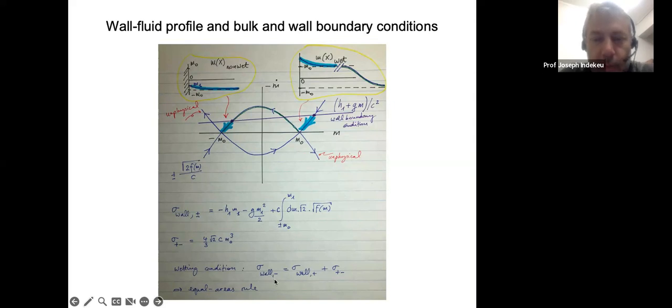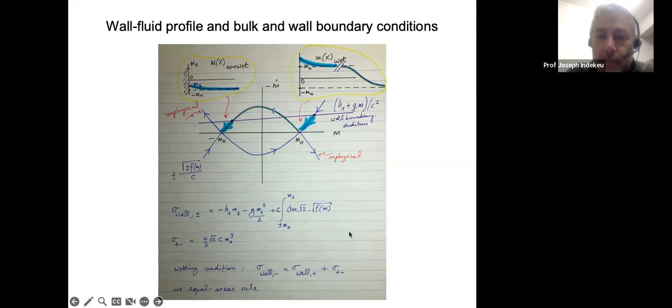So the wetting condition is that the Young-Laplace equation is satisfied with a zero contact angle. And that implies in this picture an equal areas rule, because you can interpret the terms in the surface free energy as integrals over functions that are displayed in this phase portrait, either the parabolae or the straight line.